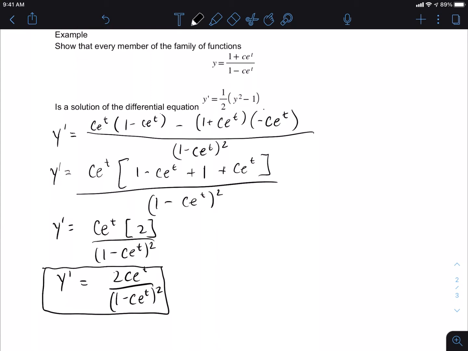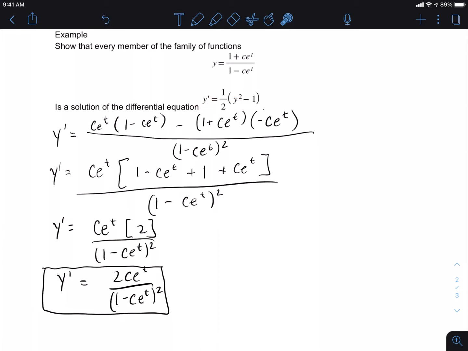But the derivative that we're given was this one, right? So we're going to try to confirm that this is in fact true. But notice that the derivative here is written in terms of y, right? Do you see that?